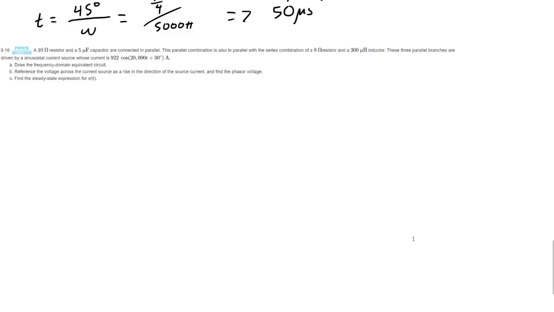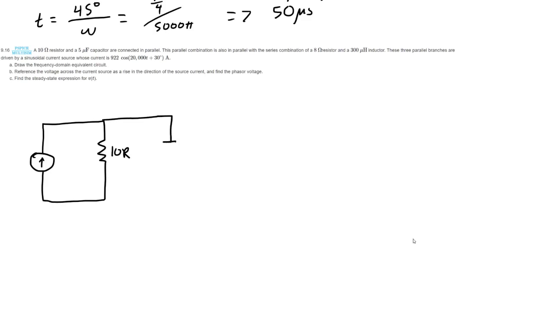Alright, so now we've got our first circuit. Let's say that we've got the current source IG, described in the problem, and it's in parallel with this 10 ohm resistor, which is also in parallel with this 50 microfarad capacitor, and then we've got an inductor and a resistor.